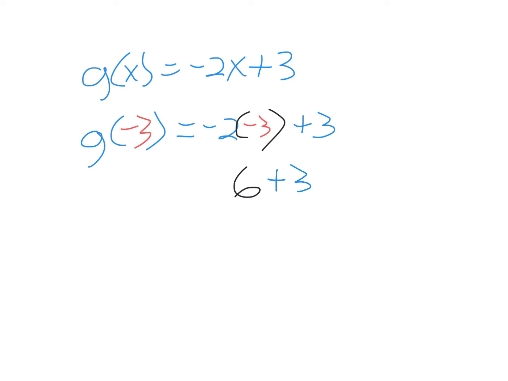All right, and all of that equals 9. Okay, so that is a look at evaluating functions. And again, let's remember that this creates these ordered pairs. When we plugged in a negative 3, we got an output of 9. That's our x and y ordered pair.